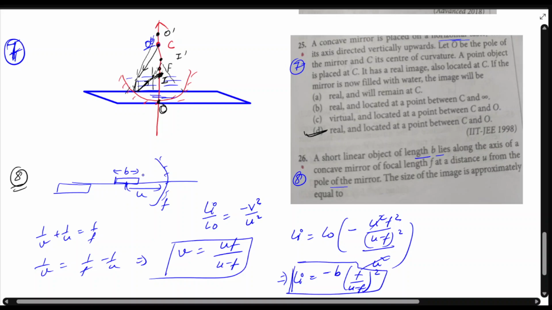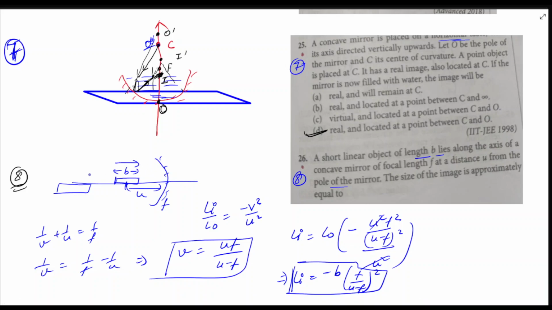The minus shows that if the object is oriented like this, then the image will be oriented like this. So they will be opposite, right? Let's say this is the tail of the object, and this is the head of the object. So this will be the head of the image here, and the tail of the image will be here.